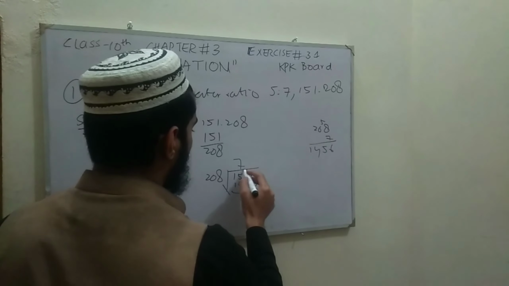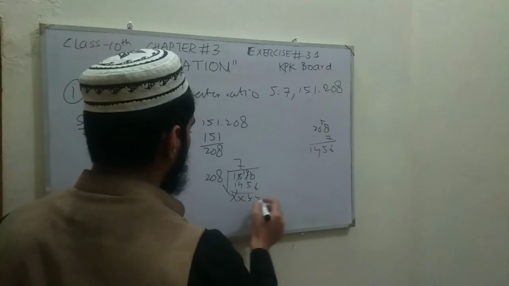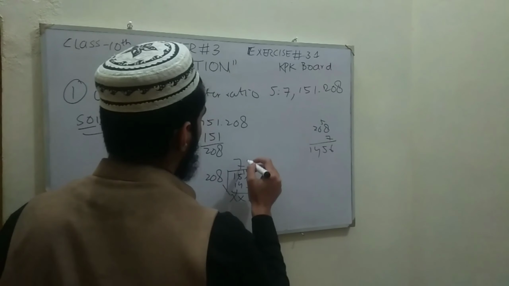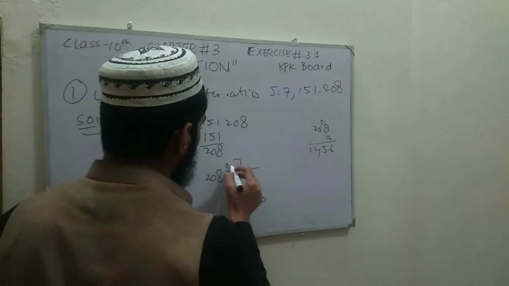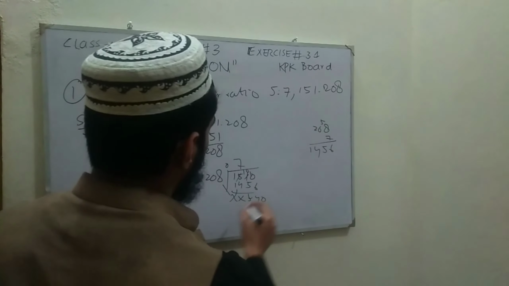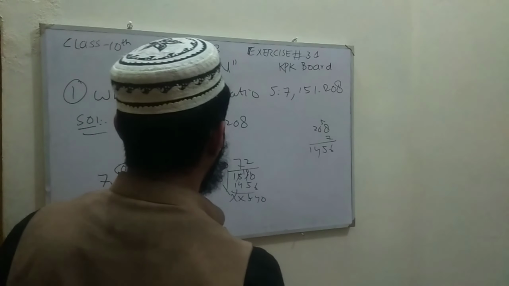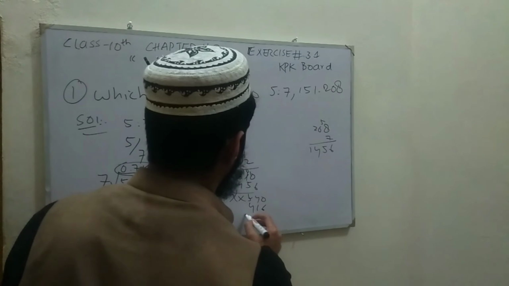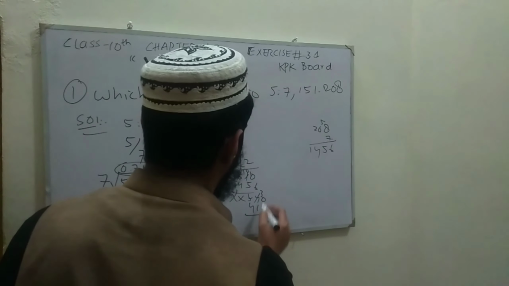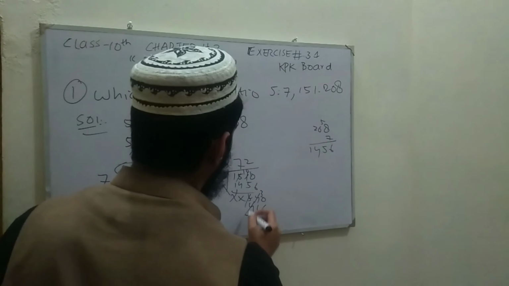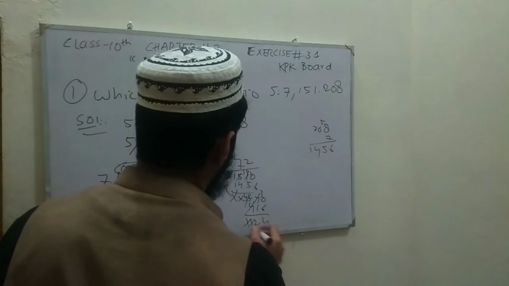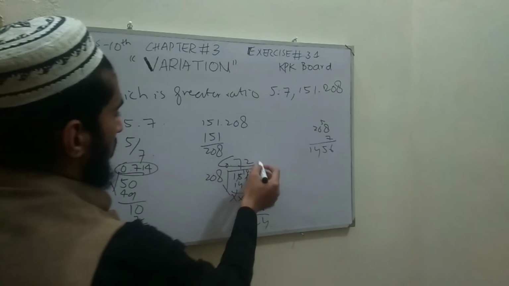Then 208 multiply 2 gives us 416. So the answer is 0.72.